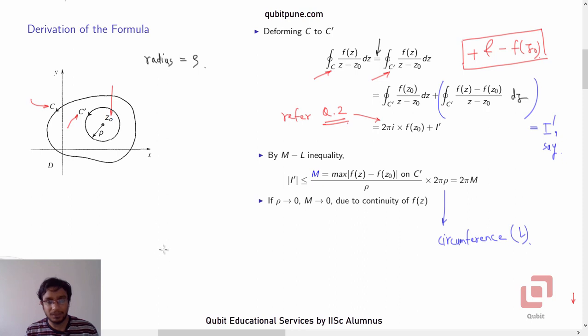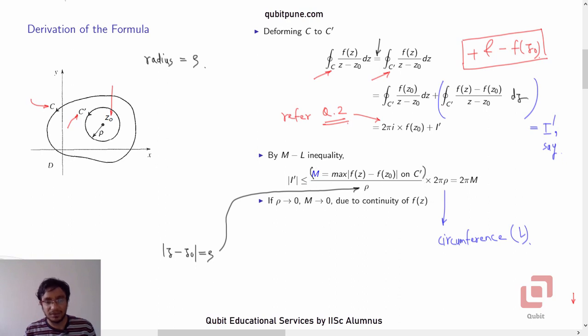We know that mod of z minus z naught is rho. And as far as the numerator is concerned, we will take M as the maximum of mod of f of z minus f of z naught on the circle C prime.